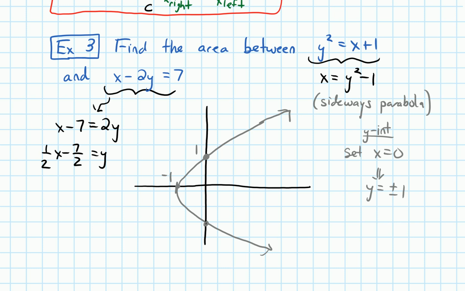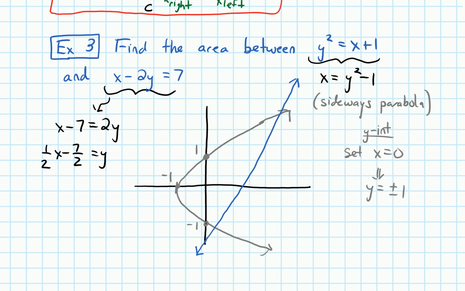So this is at 1, this is at -1. So I can see with my line, the y-intercept needs to be smaller. The y-intercept is -7 halves. And the slope is positive, which means my line is going to look something like this. I'm exaggerating the picture and making it a little bit steeper than it actually is to make sure that I can see that it's going to cross twice.